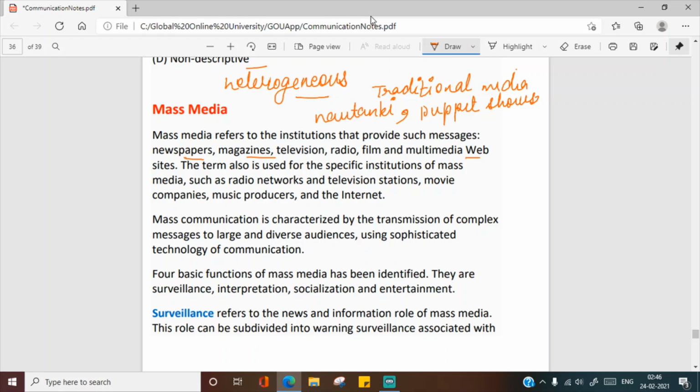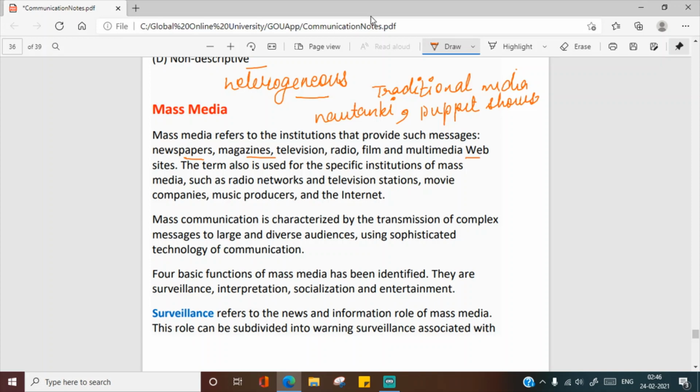For instance, a film is being broadcast on television. An old person, a senior citizen, is watching the movie, a child is also watching, an adult is also watching. It could be male, it could be female. So the audience is heterogeneous in nature. They are not of the same type.